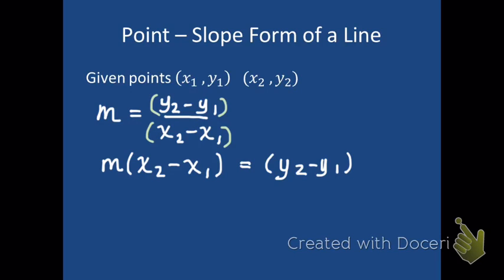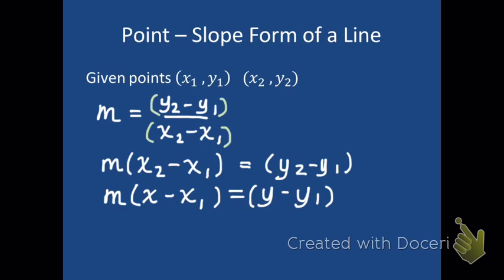We've just written an equivalent equation here. And then I'm going to substitute for one of those points just our general xy pair. So this x2, y2 is just going to become my variables x, y. So this is the point-slope form of an equation.